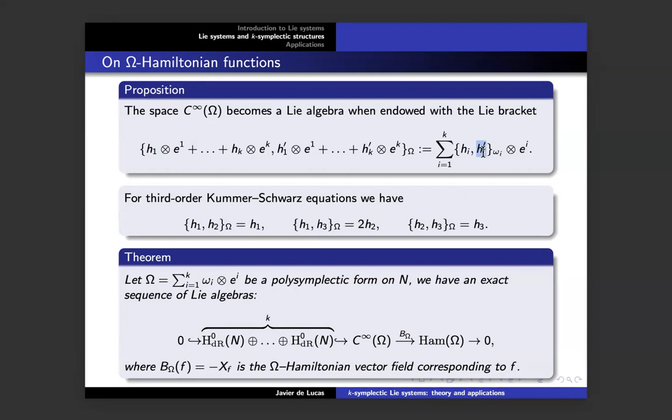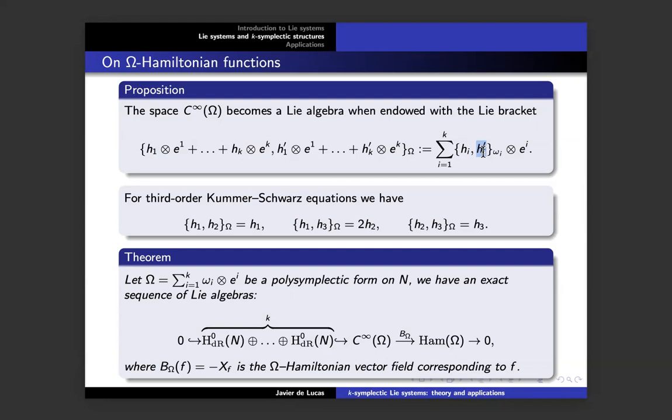Because it will happen that the new function does not need to be related to the same Hamiltonian vector field for each component. So there is no standard multiplication of omega Hamiltonian functions. There is no such thing. It's not well defined, okay?